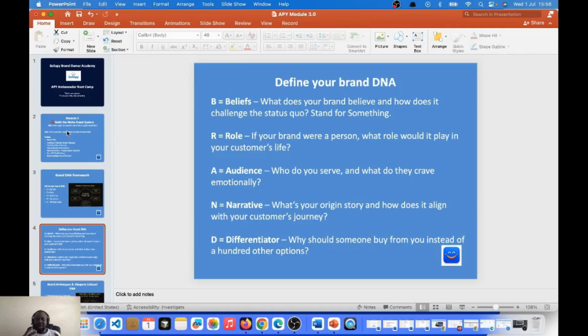So the very important question to think about here is, what role does your brand play in the life of the customer you are about to serve? That is what the R stands for in this brand DNA.